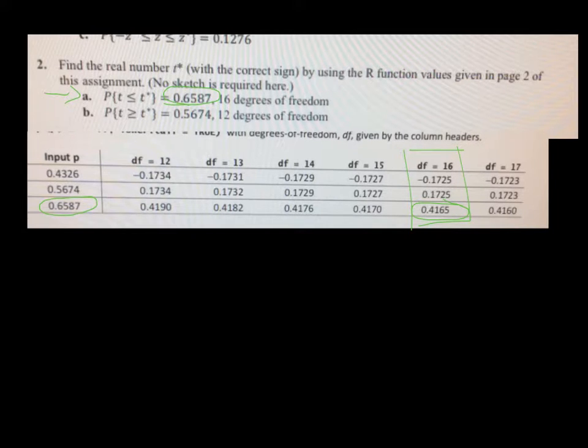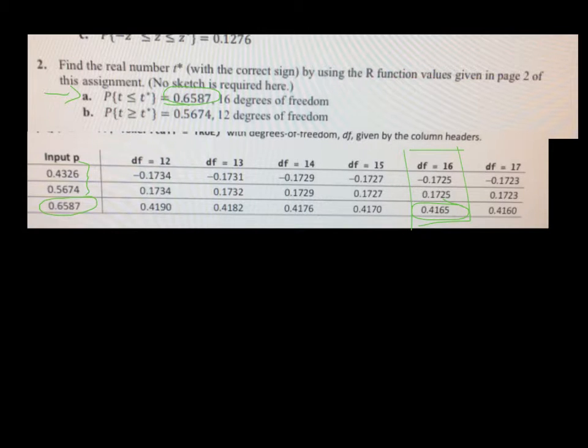For that one, for t being greater than or equal to t star at 0.5674, your degrees of freedom being 12, that one's interesting because with that one you have two different choices, right? Because these two values, they add up to 1.